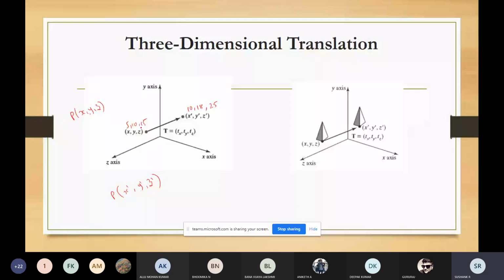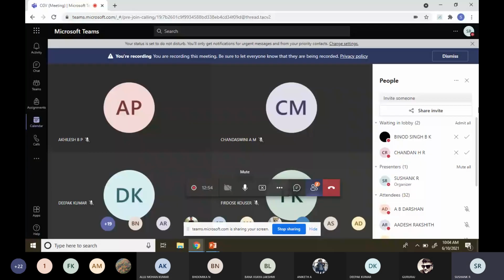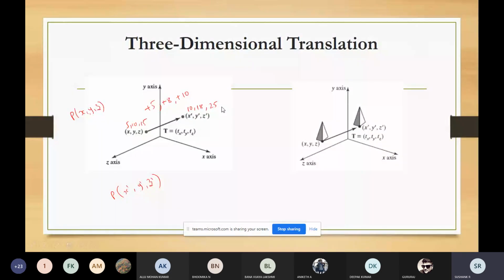So for the x component, I have to add plus 5. For the y component, I have to add plus 8. For the z component, I have to add plus 10. By adding these values to the initial position, I will get the final position of 10, 18, 25.